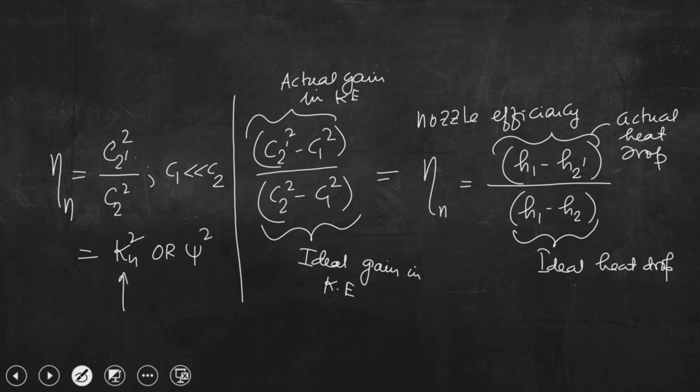So, this Kn or psi is the velocity coefficient for the nozzle.